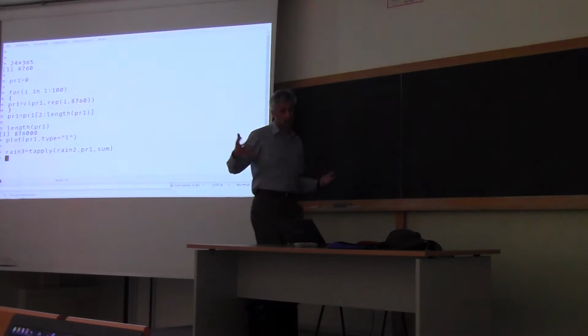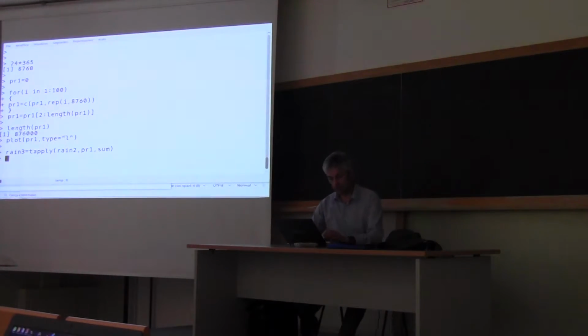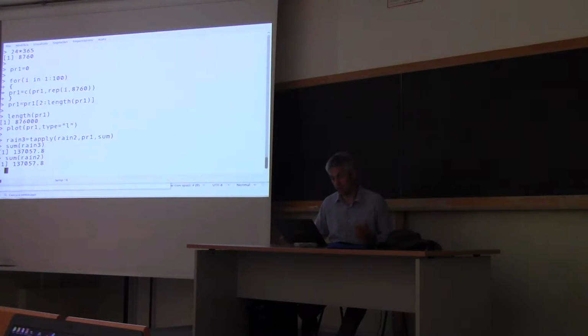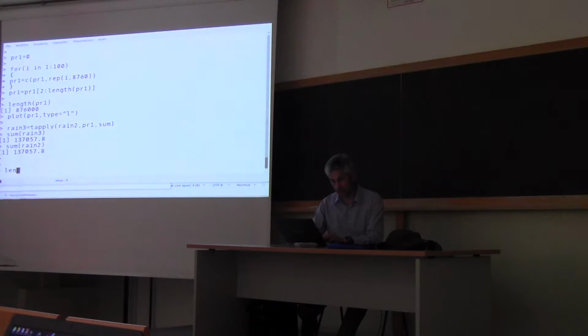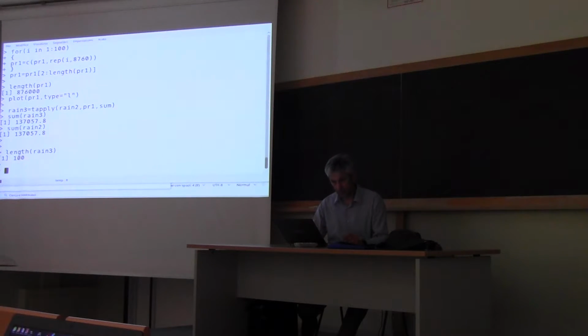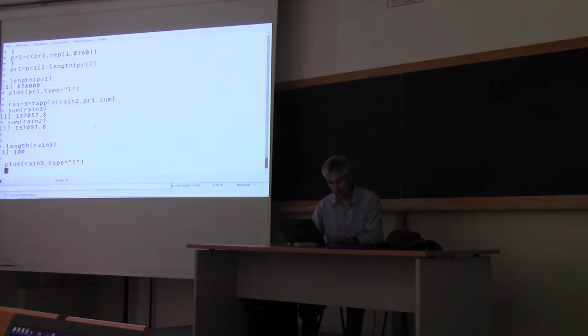And is this correct? First of all, let's compute the sum of rain 3, and check if it is the same value as the sum of rain 2. Yes, it seems correct. And the length of rain 3 should be 100. Correct? Now let me make a plot of rain 3, type equal line, to see if it is reasonable.